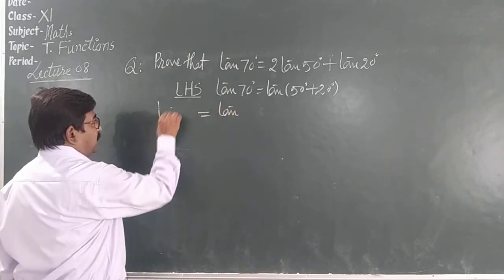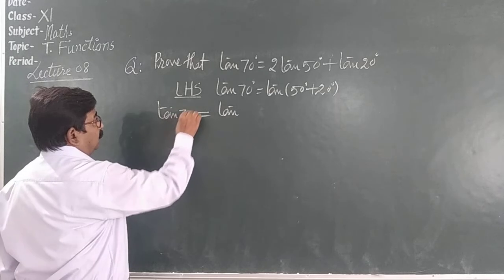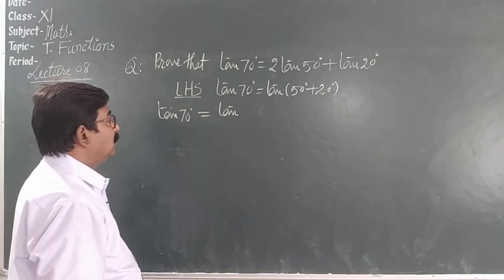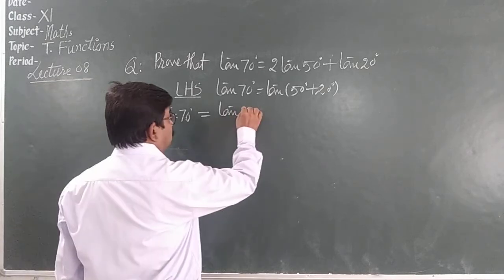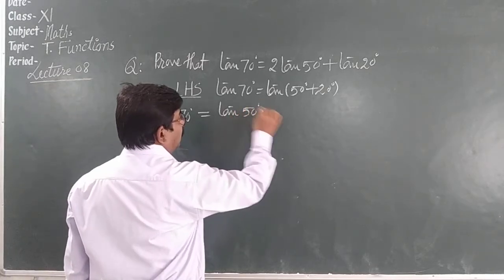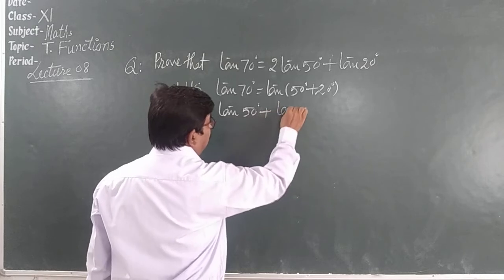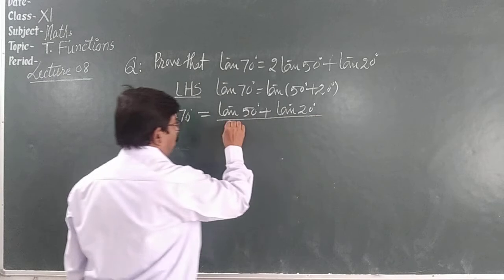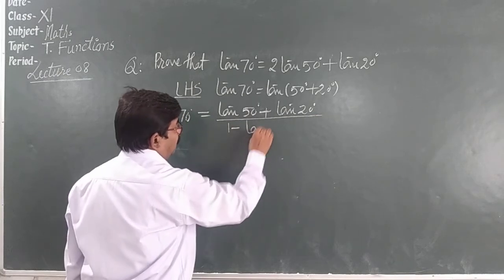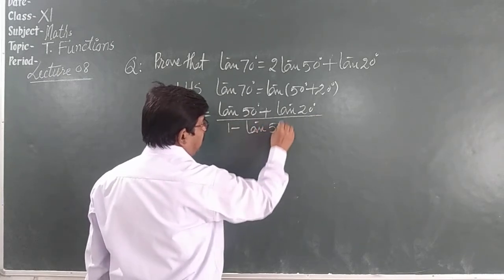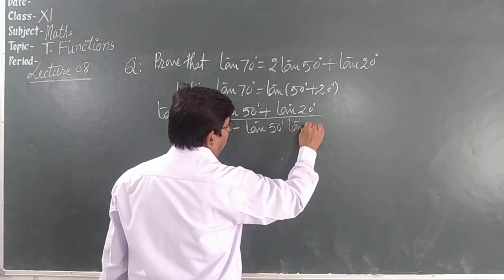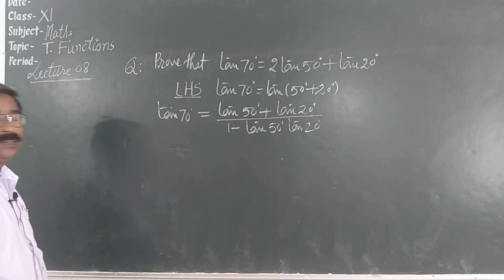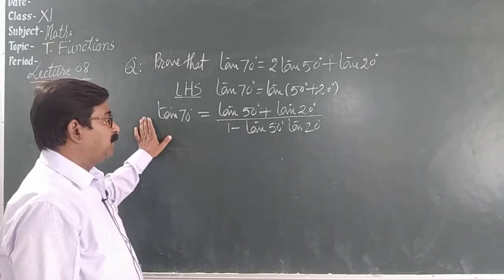Tan 70 degree is equal to tan 50 degree plus tan 20 degree upon 1 minus tan 50 degree tan 20 degree. Got it? Now cross multiply.